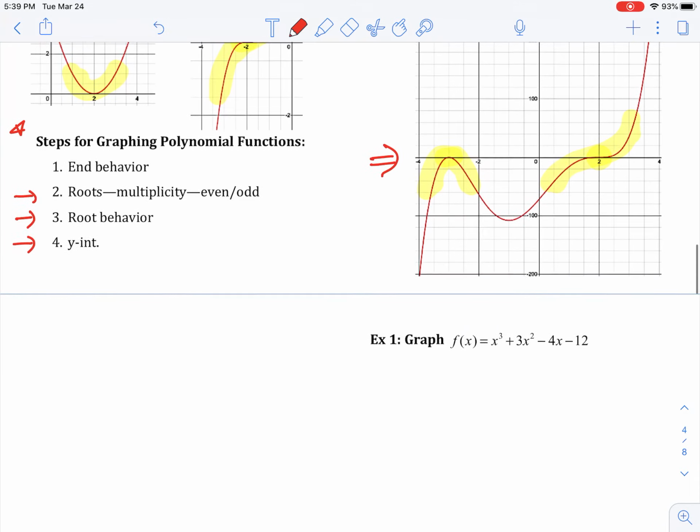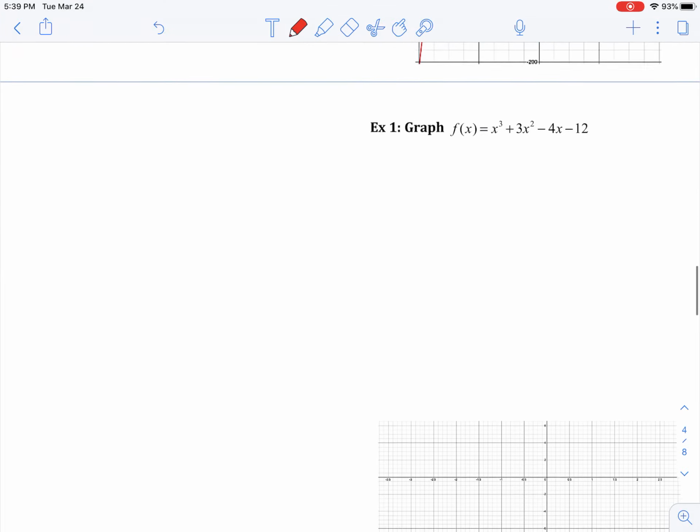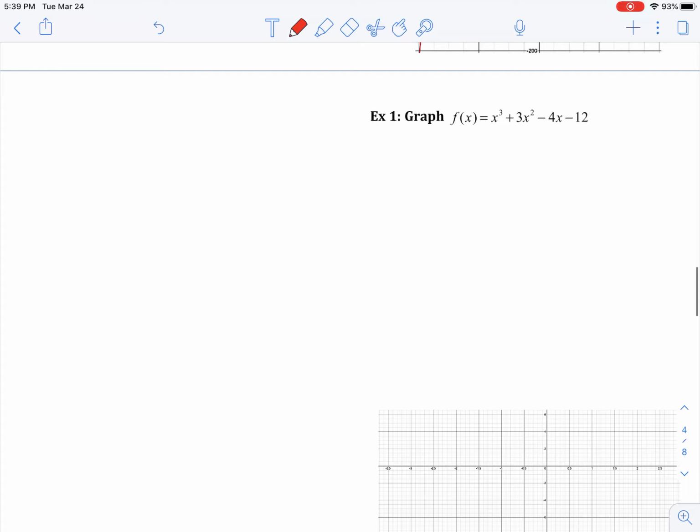So let's look at an example. On number 1 here, we have a polynomial function. All of our exponents are non-negative integer exponents. We can see that our largest exponent is the 3.